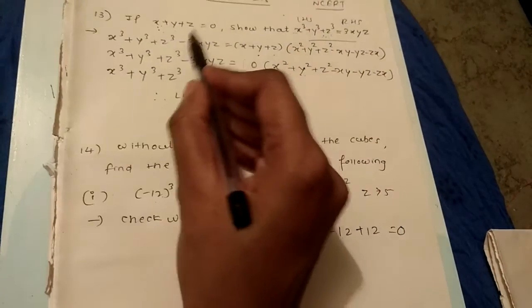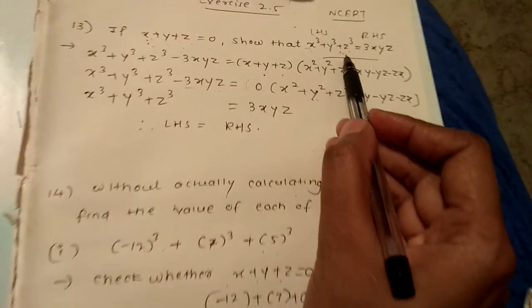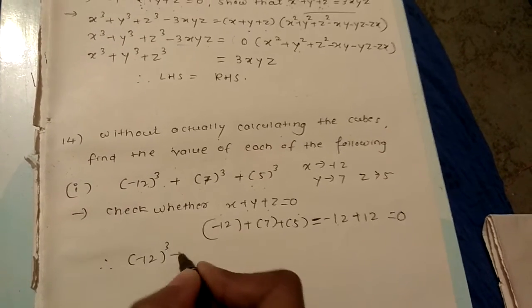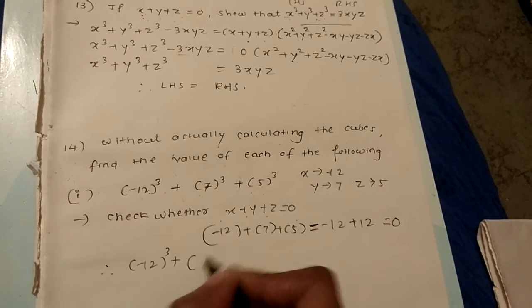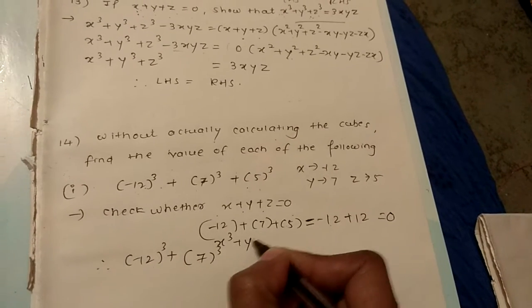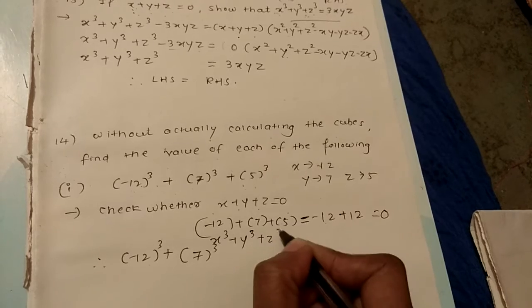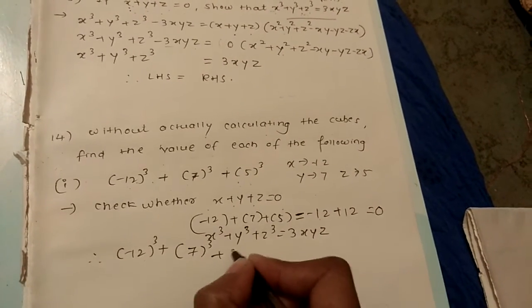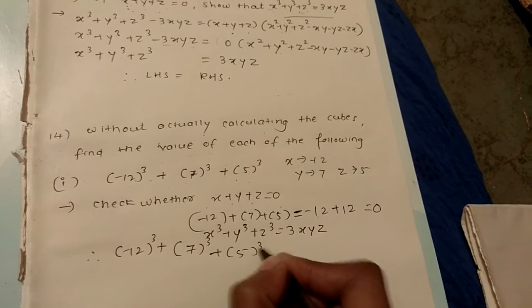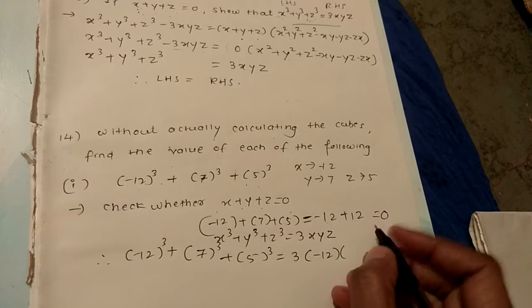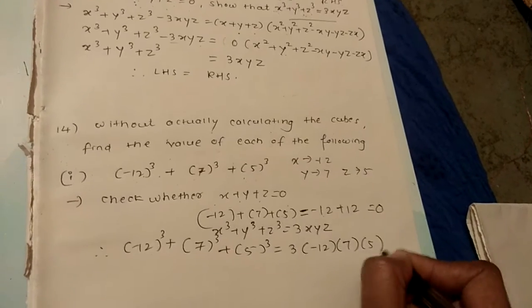Whenever x plus y plus z equals 0, the sum of their cubes will be 3xyz. So the sum of its cubes, minus 12 cube, that is x cube, then 7 cube, y cube, plus 5 cube, z cube, will equal 3xyz, which is 3 into x is minus 12 into y is 7 into 5.